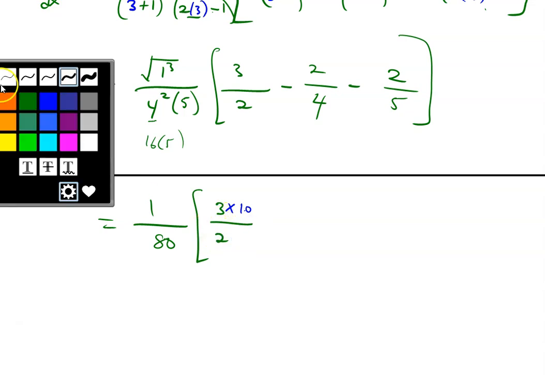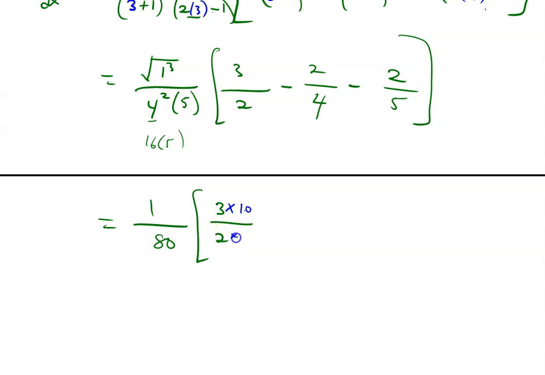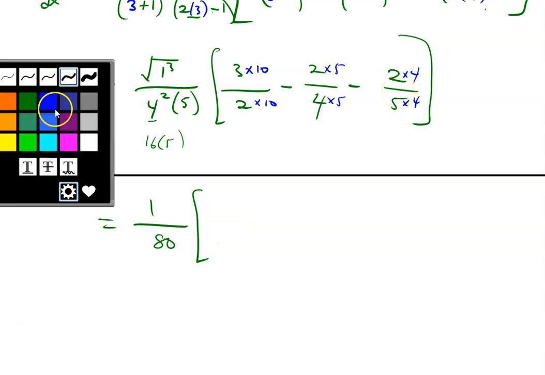Because all is 20, I just multiply here by 10, here by 10, then this by 5, this by 5, and this by 4, this by 4. So the denominators will all be 20.